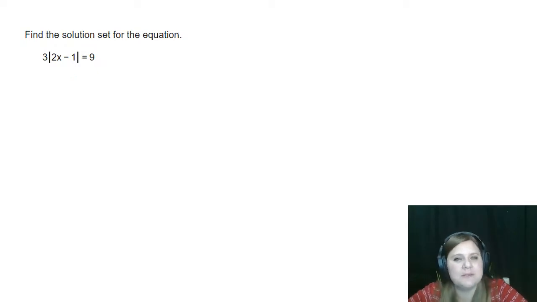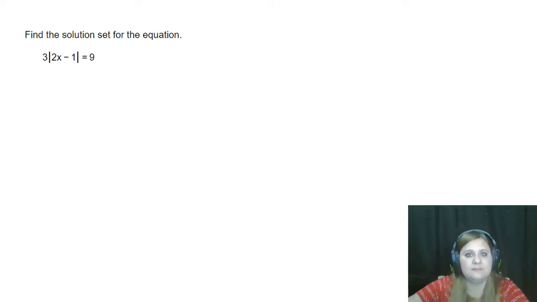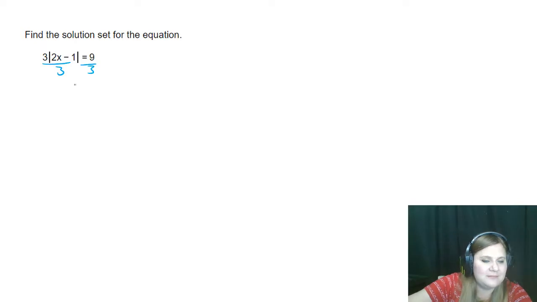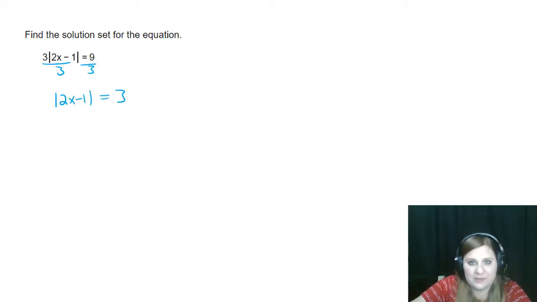Try solving this absolute value equation. Remember to isolate the absolute value and then set what's inside of it equal to the positive and negative of the other side. Okay, so I'm going to divide by 3, and I get absolute value of 2x minus 1 equals 3.